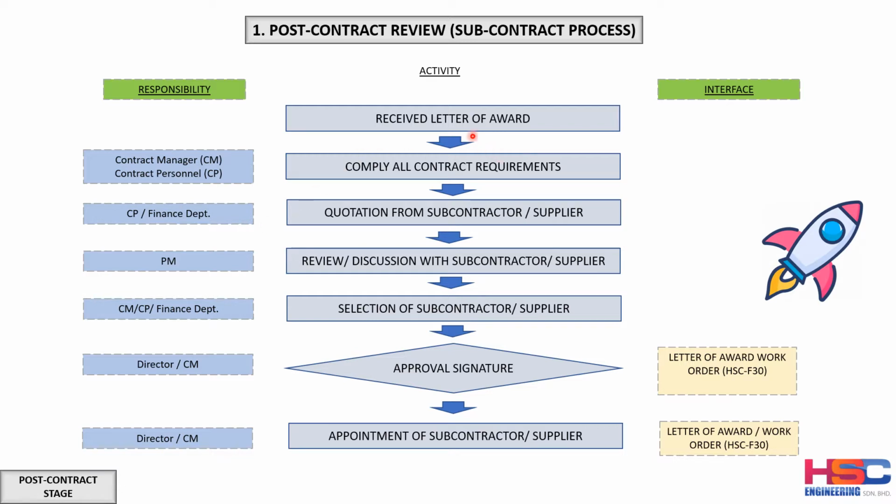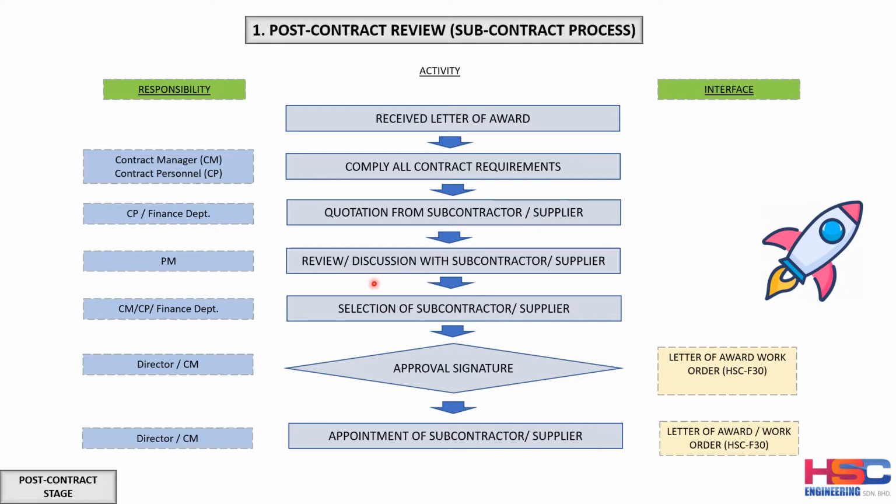When we receive the letter of award, in order to comply with all the contract requirements, it will be the responsibility of the contract manager and the contract personnel to identify them. The contract personnel will also obtain quotations from the subcontractors and suppliers for all the related works that need to be subcontracted.